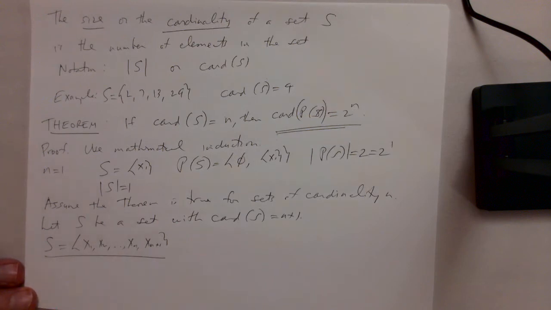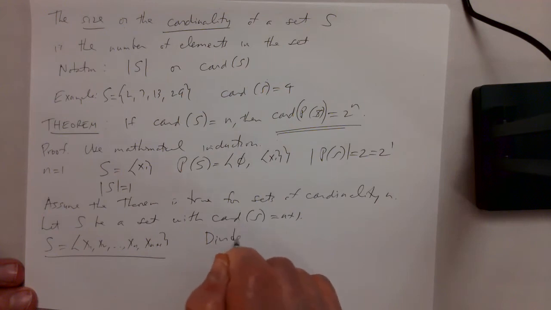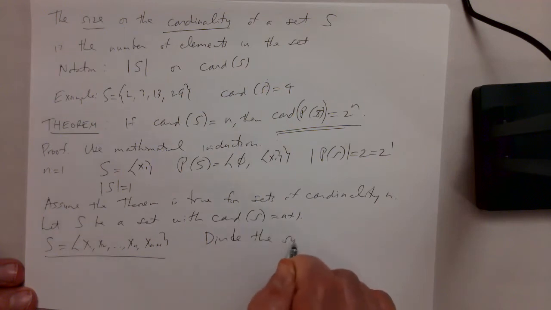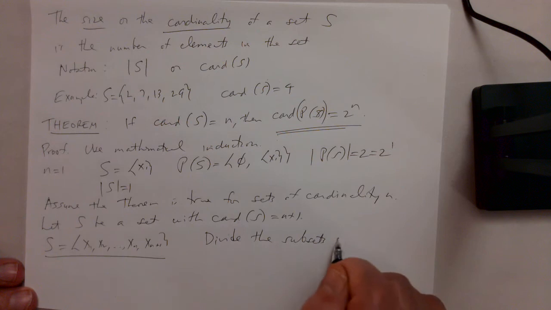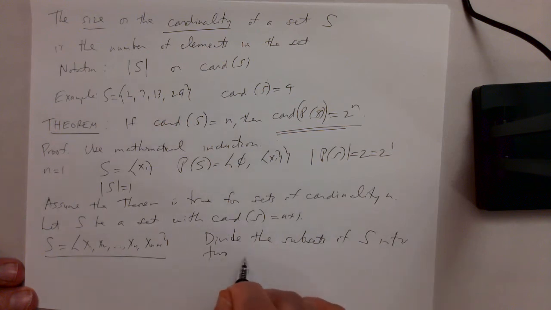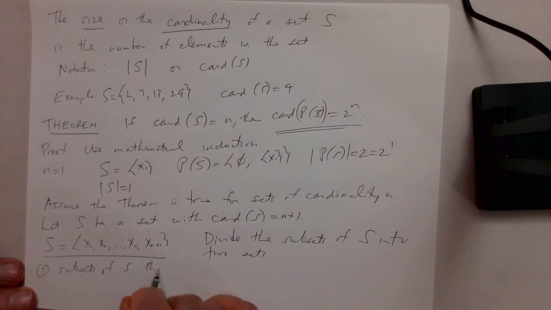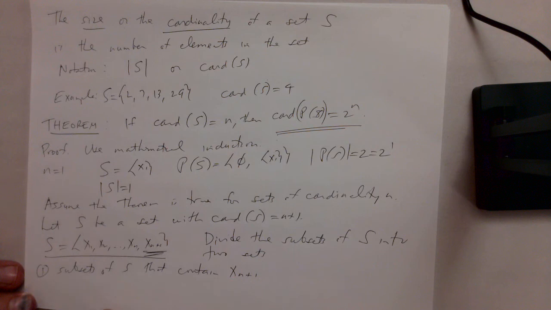How are we going to count the number of subsets? Well, divide the subsets of S into two classes or two sets. So first of all, we have subsets of S that contain xn plus 1, this last element.